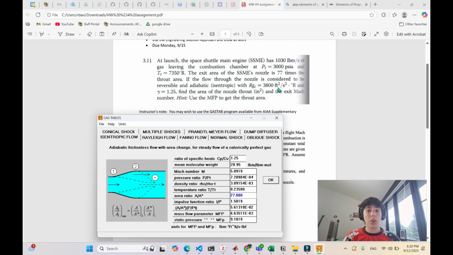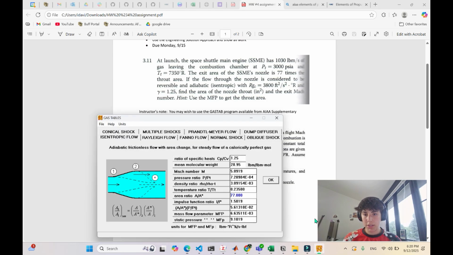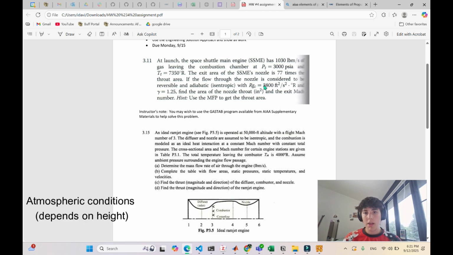So you can either solve for R and plug it into the MFP equation, then you solve for MFP using what they gave you, because R is in that MFP equation. So you can't just use this value because the conditions are different.